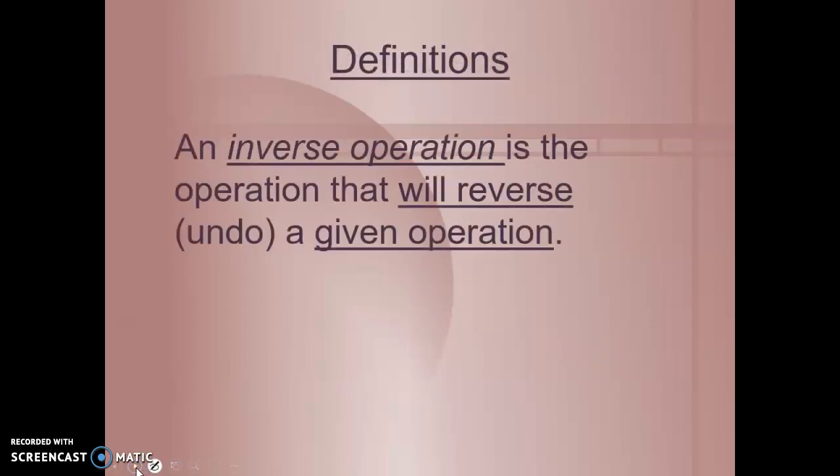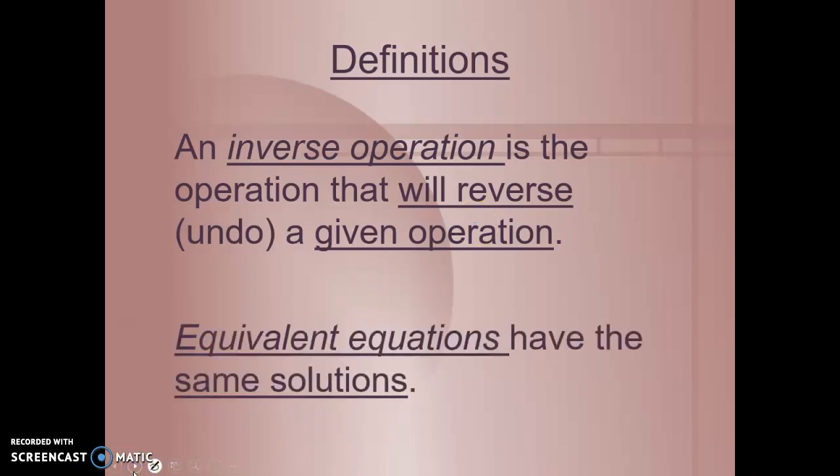So before we get into that, let me remind you what an inverse operation is. An inverse operation is the operation that reverses or undoes a given operation. Equivalent equations have the same solutions. That's another definition that you need to know. Talking about inverse operations, addition and subtraction are inverses. They undo each other.